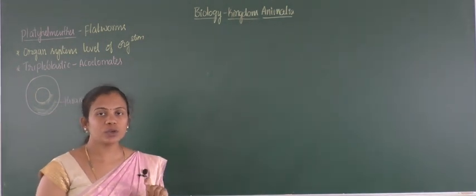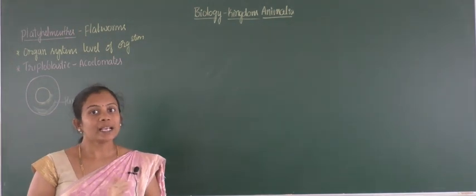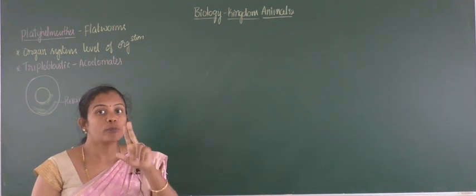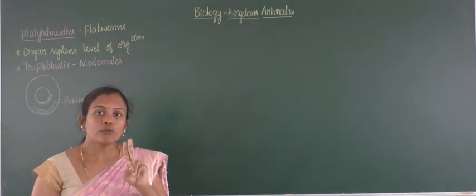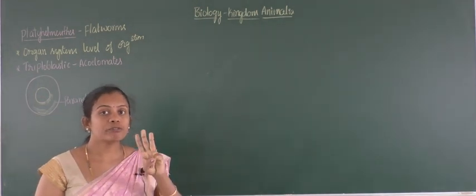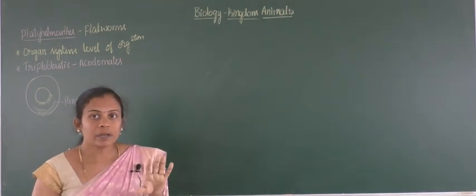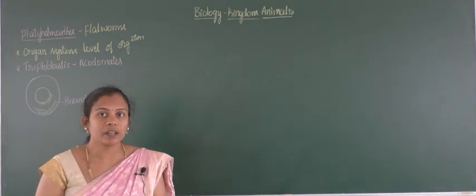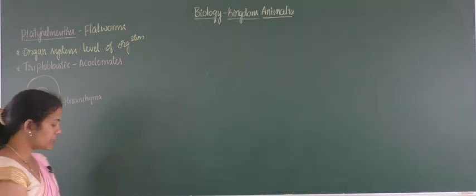I hope you understood triploblastic property separately and acoelomates separately. Acoelomate refers to absence of body cavity, keep it in mind. But triploblastic means the presence of 3 germ layers. Here ectoderm and endoderm are complete, and the mesodermal germ layer is just appearing right now. So that's why it is said to be triploblastic.